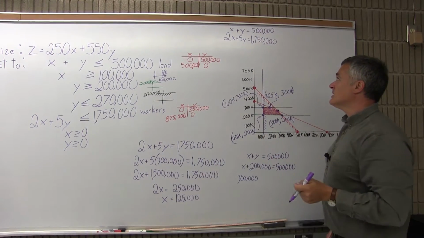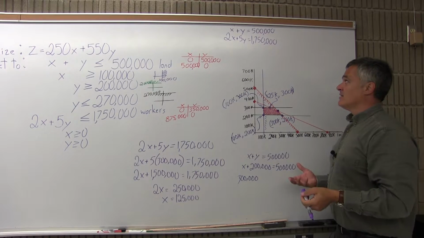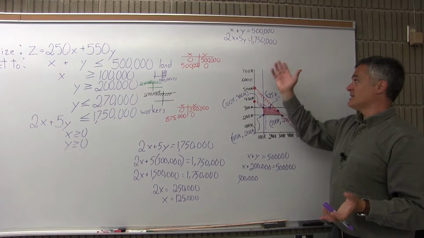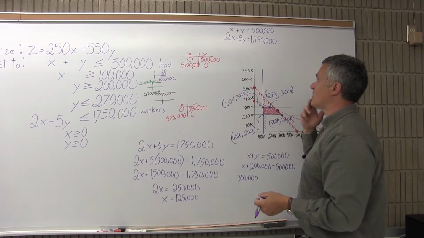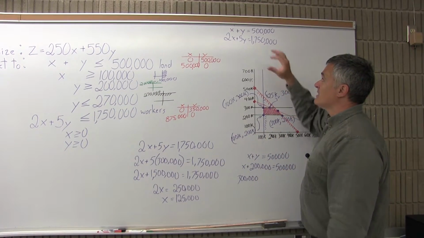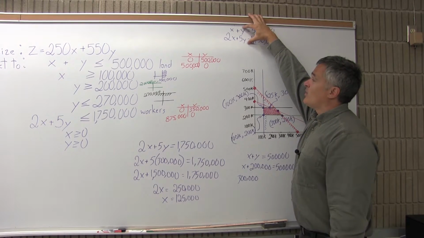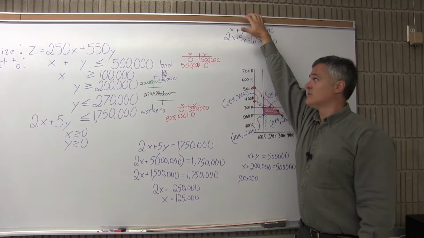Those are fairly big numbers, but I'm going to use the same process that I always use. I'm going to set it up, multiply one or both equations times something so that one of the variables has the same number in front but with opposite signs. Regardless of how big the numbers get, that's the process you use. I could either cancel the x's with negative 2x and positive 2x, or cancel the y's with negative 5y, positive 5y. Either way, I'm going to get to the same answer in the end.